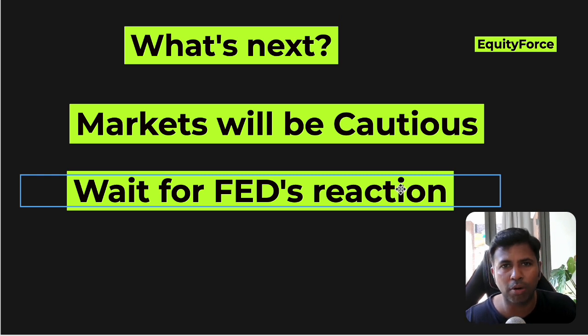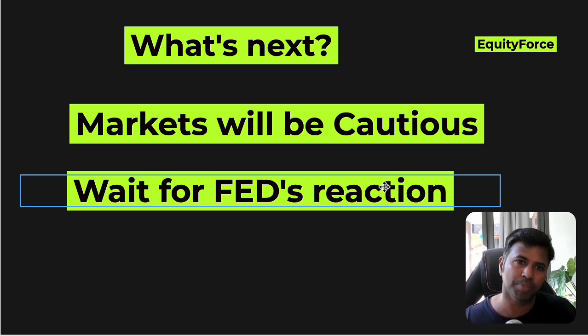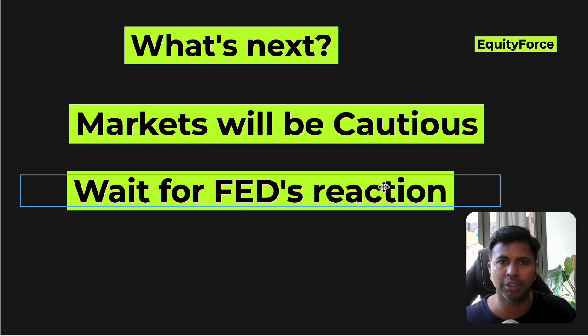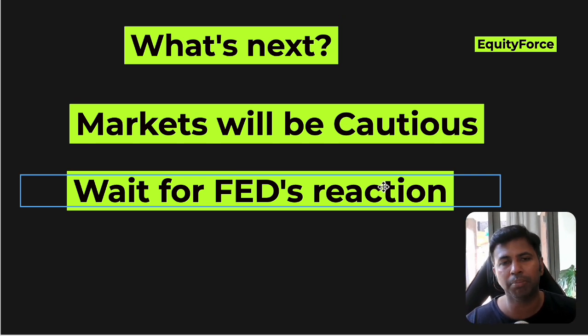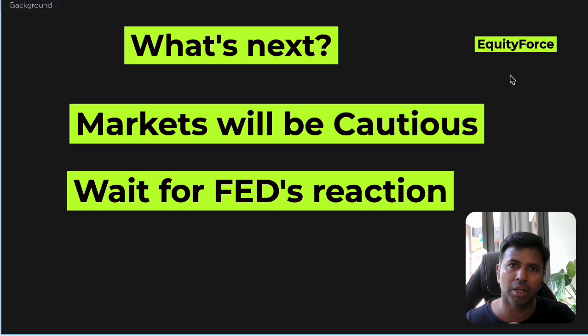Now, there has been a lot of noise on Twitter and YouTube about whether there will be an emergency Fed meeting, whether there will be an emergency rate cut, or whether they will increase the basis points from half a percentage point to 75. These are all speculation, and the market will be waiting for official policy action and news, and only then will we know how the markets will proceed further, factor in that information and move either to the upside or to the downside.